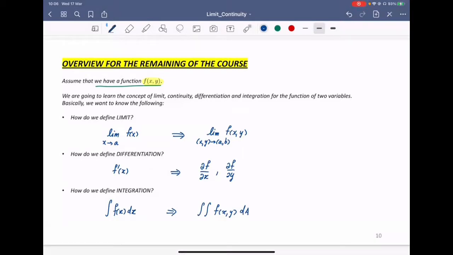So that is the idea that we're going to learn in the next 2 months, I think.